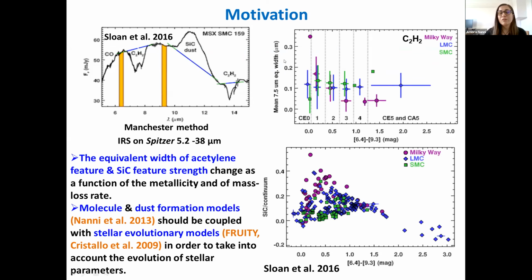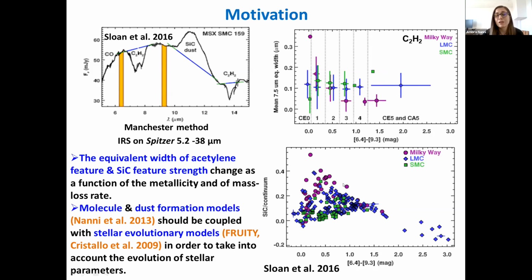On the other hand, if we look at the SiC feature strength with respect to the continuum, we find this other trend. Also in this case, we see that the strength of the feature increases with the metallicity from the SMC to the LMC.